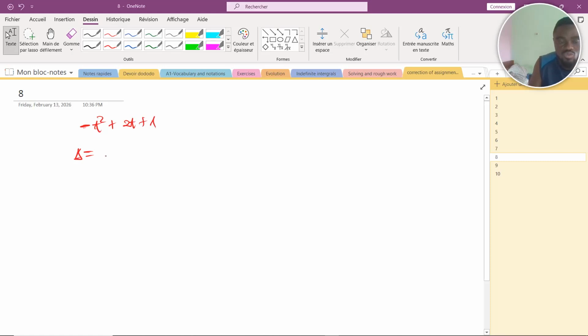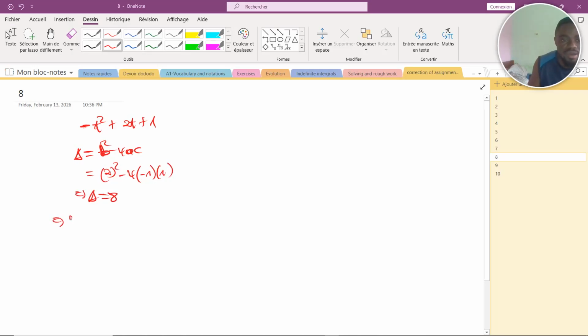Delta will be equal to b squared minus 4ac. Is that okay? This will be equal to 2 squared minus 4 into minus 1 into 1. So this implies our delta will be equal to 8. Is that okay?